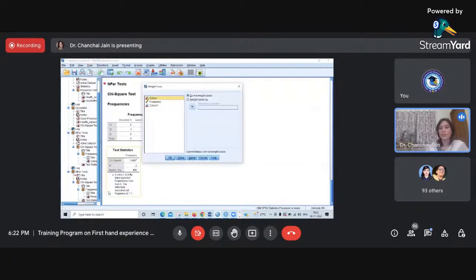Click on this, and here you can see by default the option is do not weight cases, but we want to weight cases. So I'm clicking here on weight cases by, and it is asking me to shift the frequency variable. So my frequency variable is this. I need to shift this variable here in the frequency variable box.